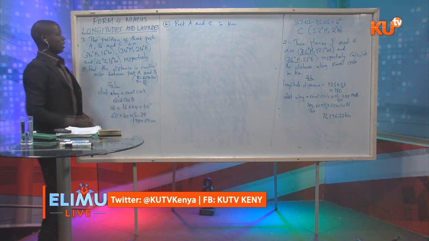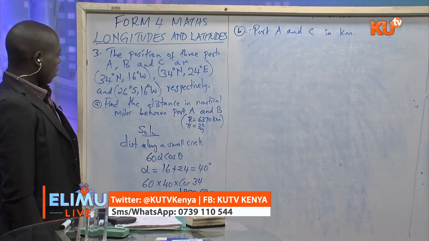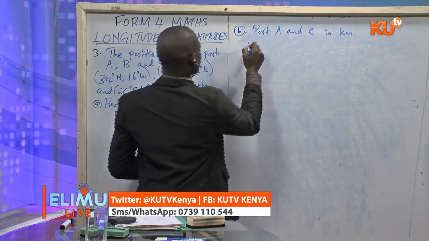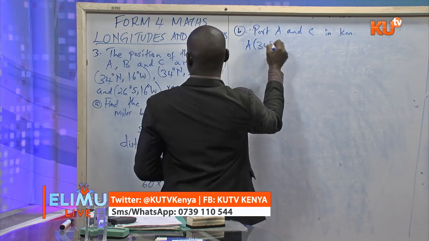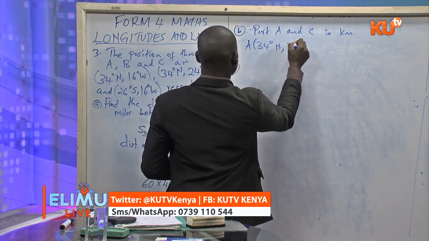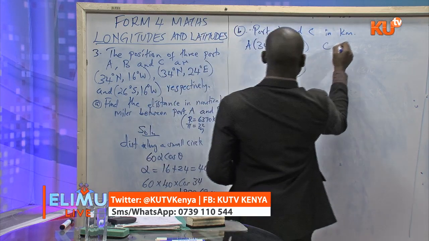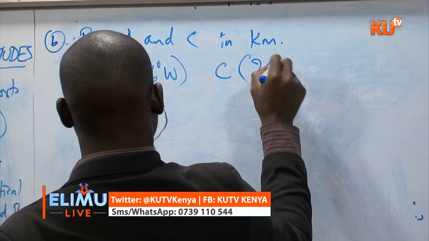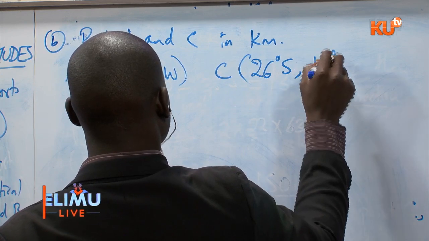Where is A? A is 34 degrees north, 16 degrees west. And C is 26 degrees south, 16 degrees west.